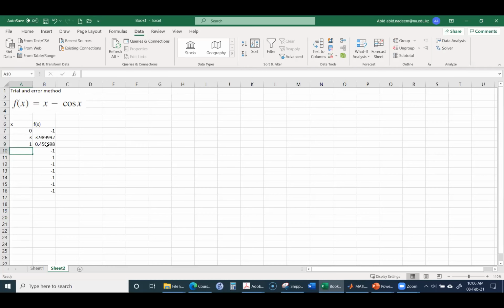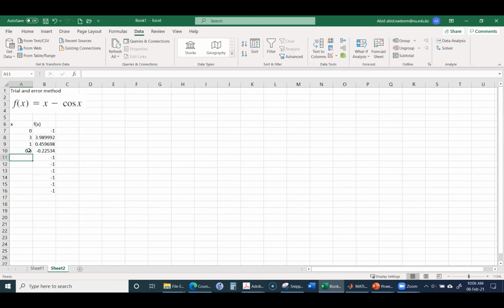Now it's 0.45. So from -1 to 0.45, the root should be between 0 and 1. So maybe I can put 0.6. It is now -0.225, so the root should be between 0.6 and 1.